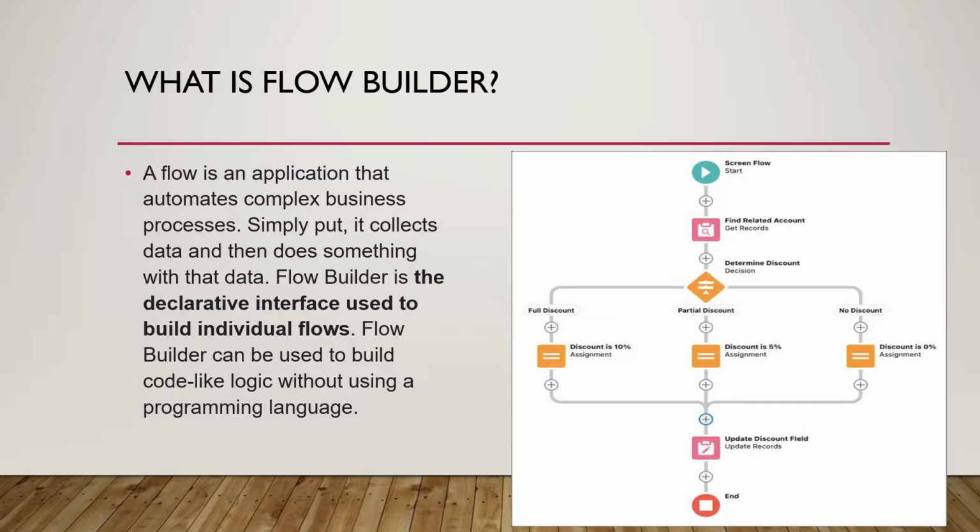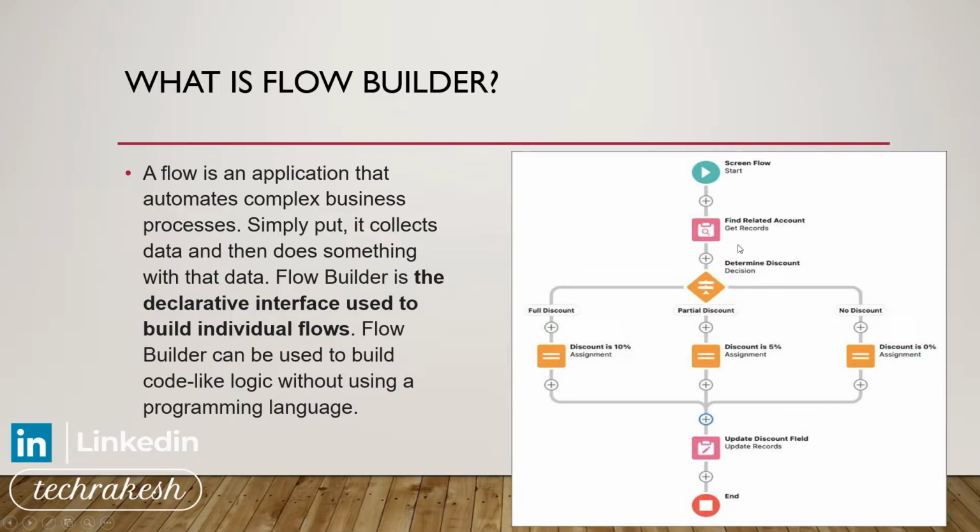This does have some interface, so you can see I have attached one sample flow. Inside this flow a process is happening which is based on some discount. It will apply the discount percentage. Just looking at this flow you will get to know everything at a glance.